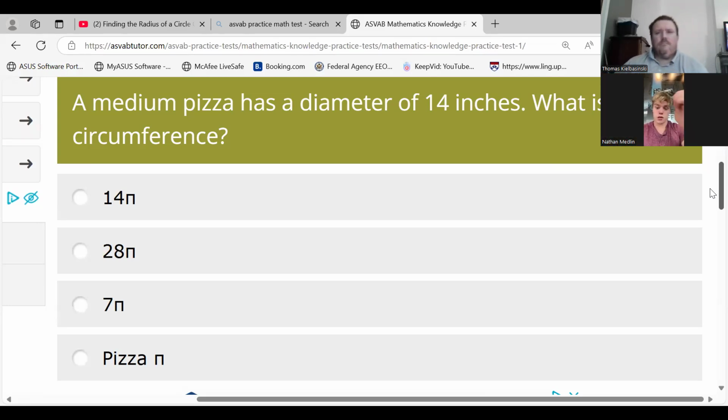All right, a medium pizza has a diameter of 14.